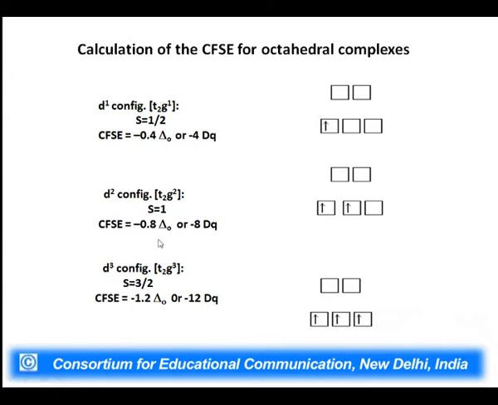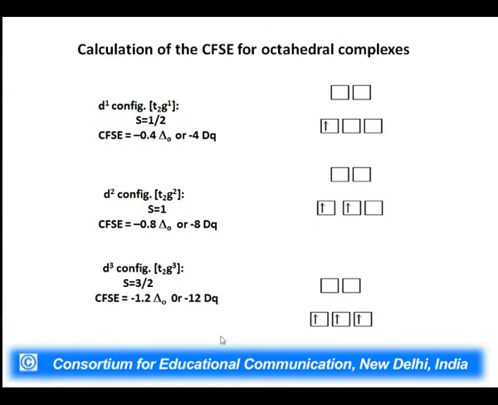Now, there are two electrons in the D, and therefore, when we calculate the CFSE, you can see the CFSE comes out to be minus 0.8 del O or 8 dq, and since the S value becomes 1, the magnetic moment would be somewhere in the range of 2.8 Bohr magneton. So, we know two things from this distribution of electrons into the T2G and the EG levels. Not only can we calculate the CFSE, but we can also comment upon the magnetic moments.